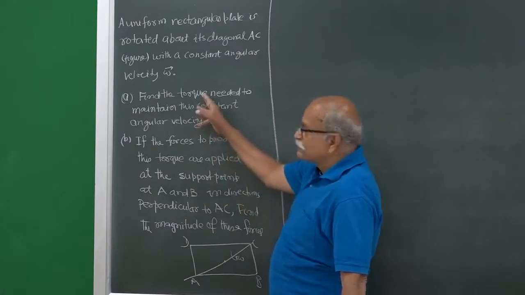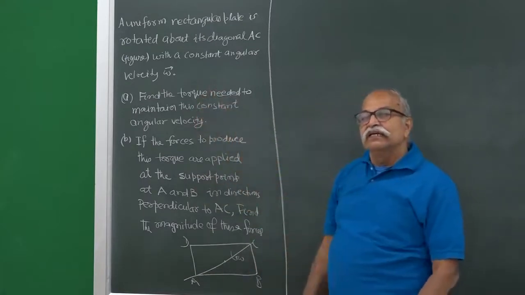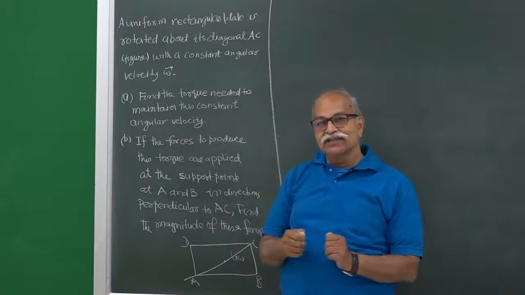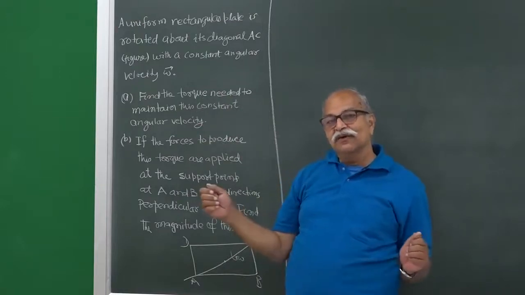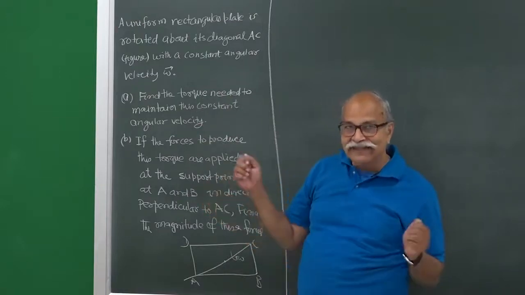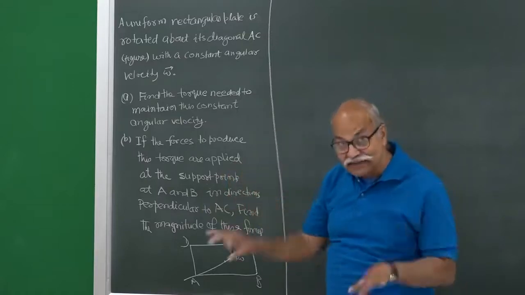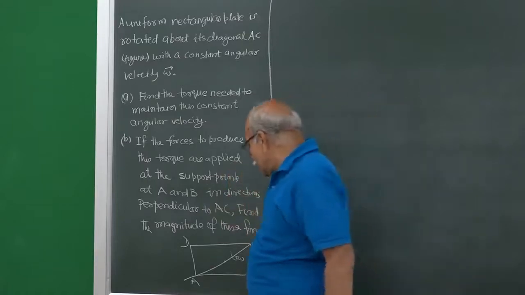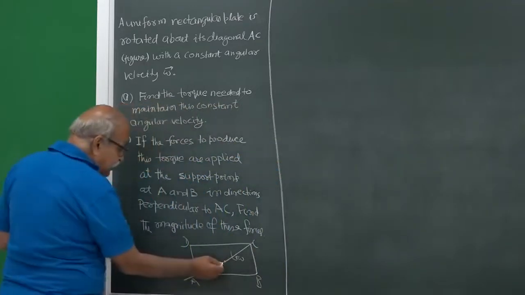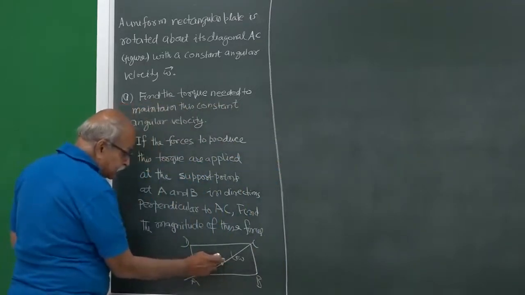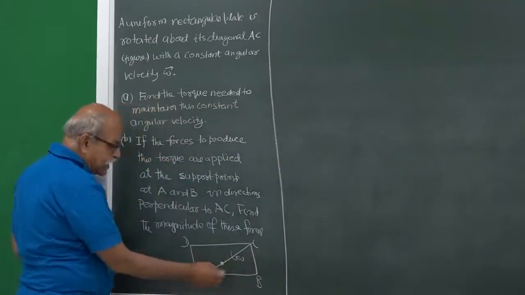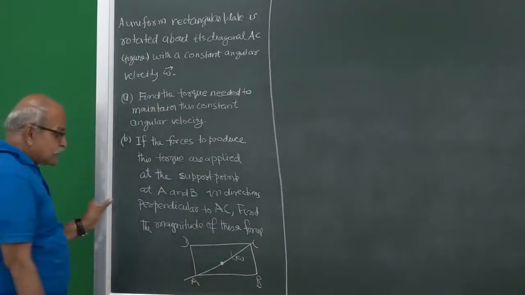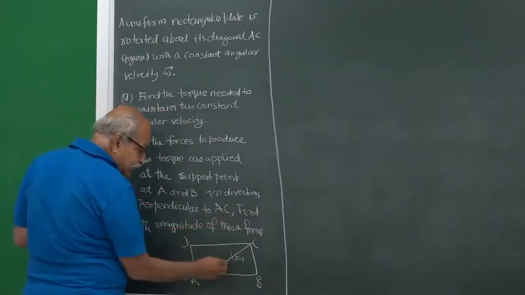So, let us first do this. Since the axis of rotation is along the diagonal, and that is fixed, omega, we can choose our origin at the center of this plate. So, let us choose our origin at the center of the plate, and then the principal axes are very simple.